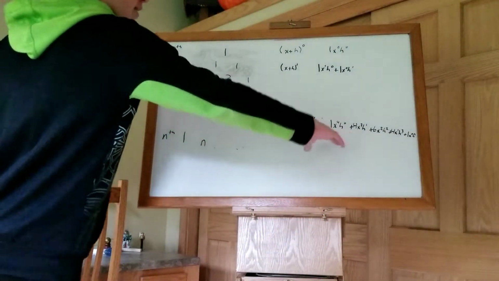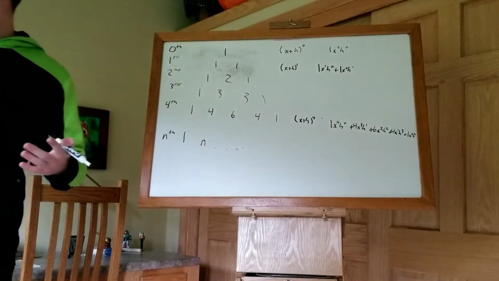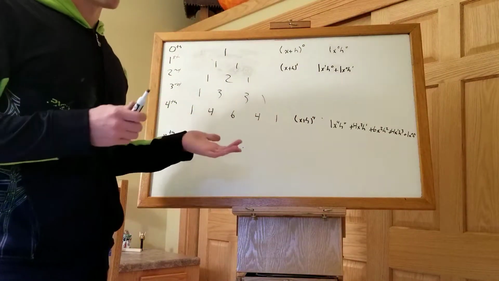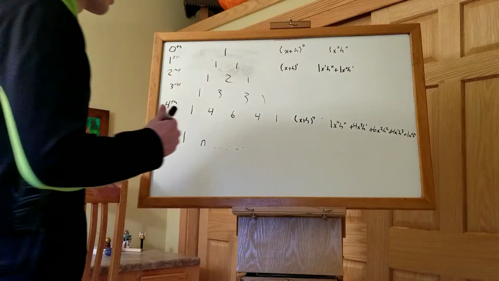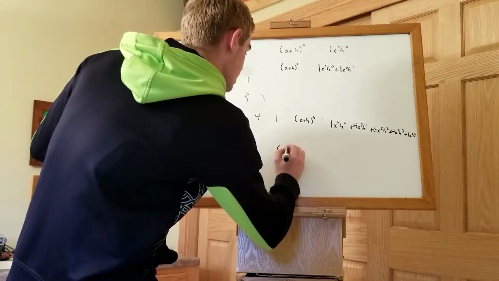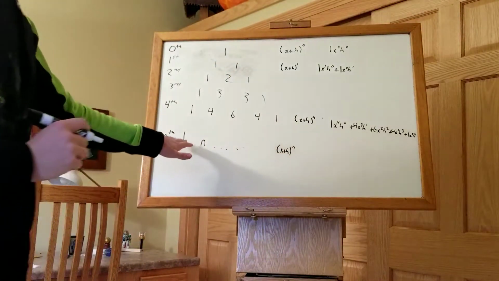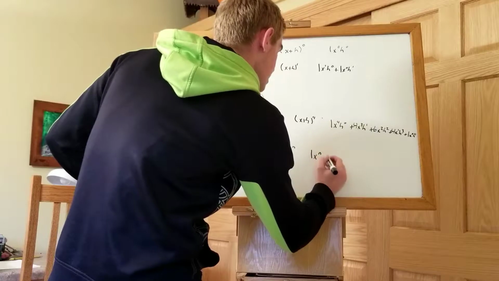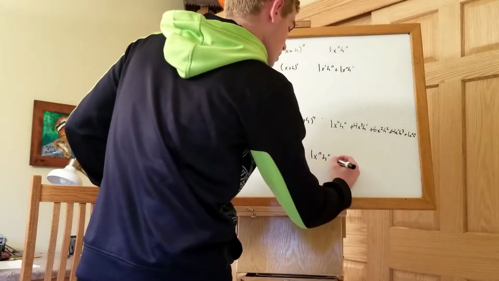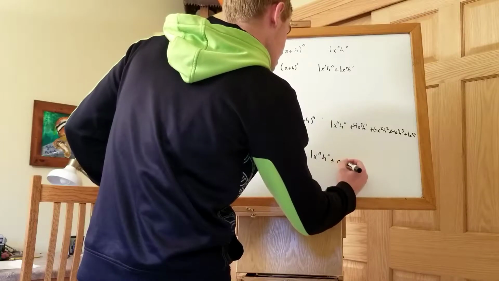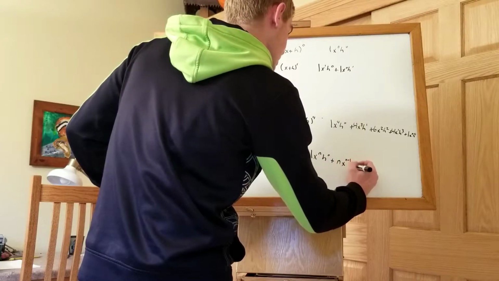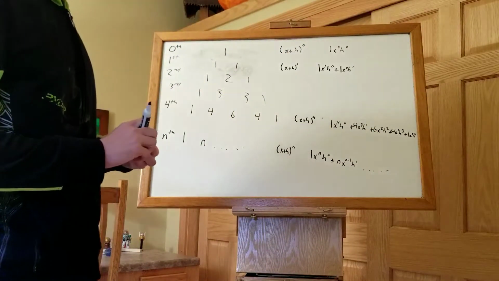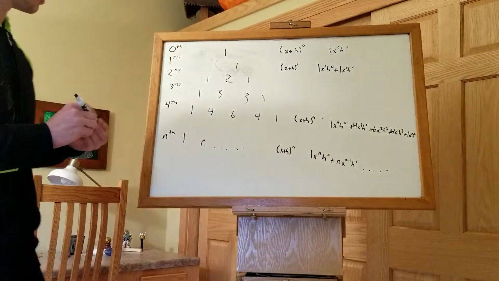And that's a pattern that will continue on for the entirety of Pascal's triangle, which is what makes it a really interesting mathematical thing. So you can see for the nth row, if I took x plus h to the n, how the first two terms would look is 1 x to the n h to the 0 plus n x to the n minus 1 h to the first, and it would continue on with some different coefficients, but we only care about these two for now.